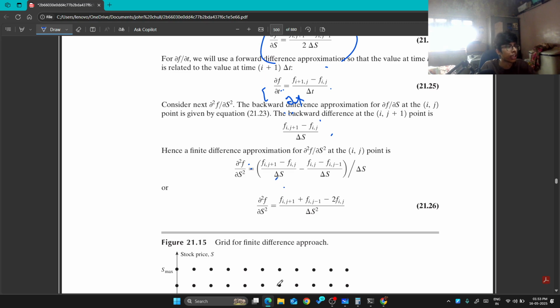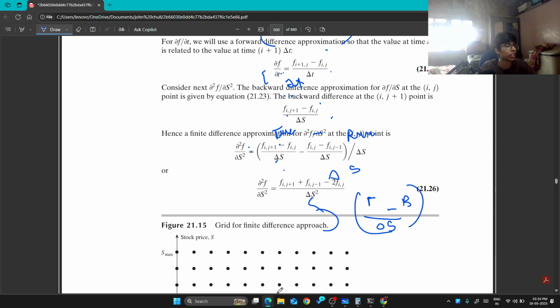So this is forward minus backward, over delta s, or this formula, forward minus backward upon delta s, and we get the second order derivative.